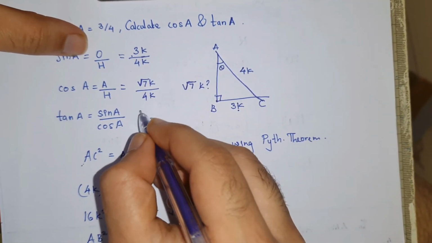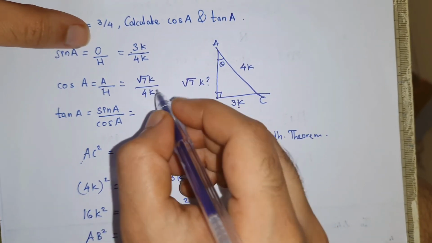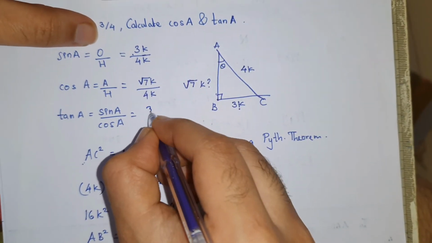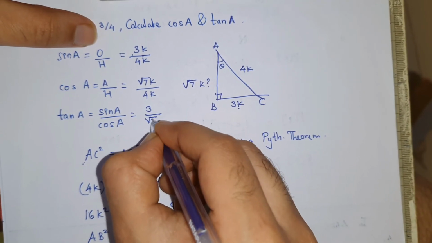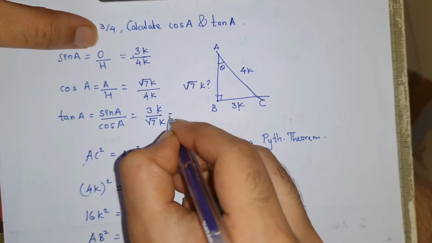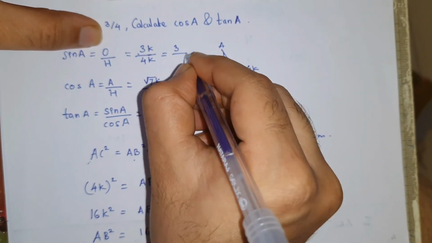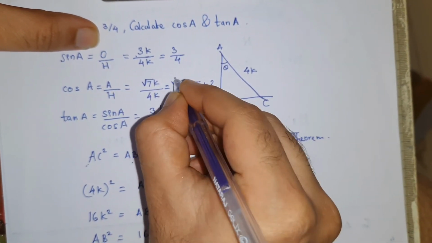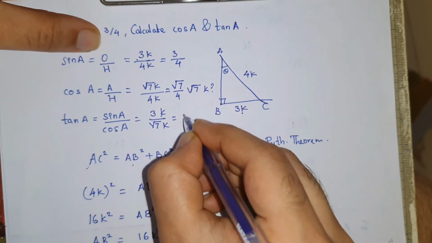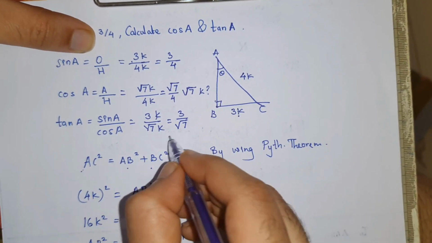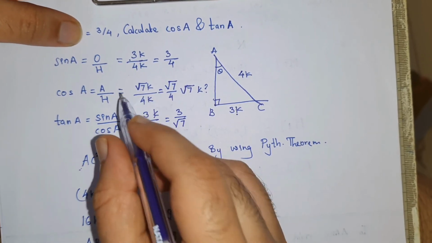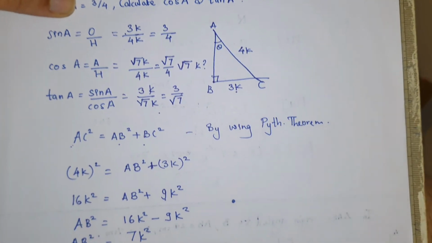And similarly sin upon cos, here 4k and 4k will be getting cancelled out, and 3 divided by root 7, the k cancels. Here it will be 3 by 4 again, here it will be root 7 by 4 again, and here it will be 3 by root 7. Here we have got all the values of sin, cos and tan A.